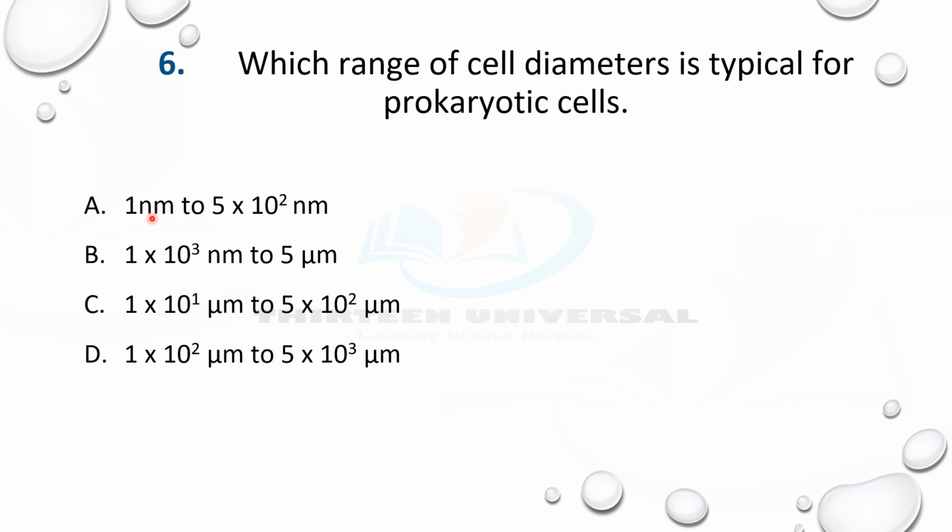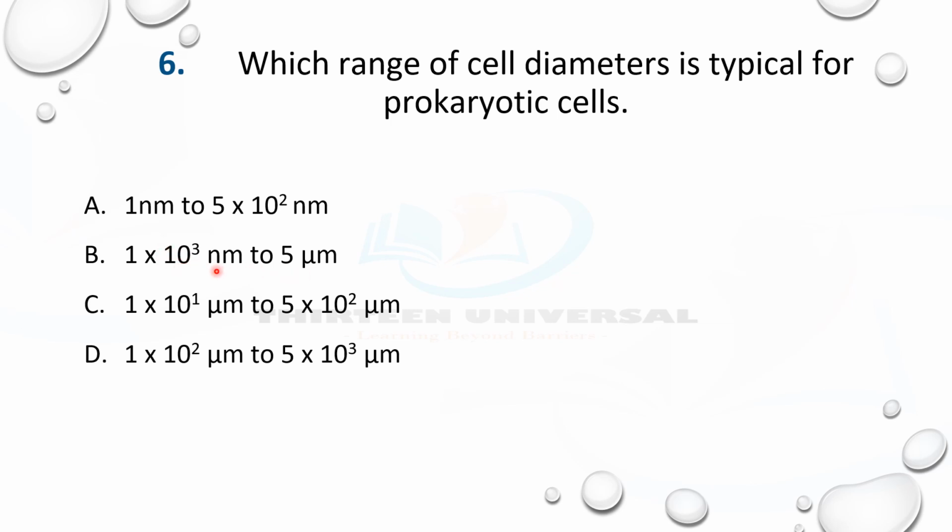If you check this, 1 micrometer is 0.001 of a millimeter, so this doesn't fall in. 1000 nanometers divided by 1000 will give you 1 micrometer to 5 micrometer. This is the answer. Don't forget, it's a fact: the range of measurement of cell diameters of prokaryotes is from 1 micrometer to 5 micrometer.